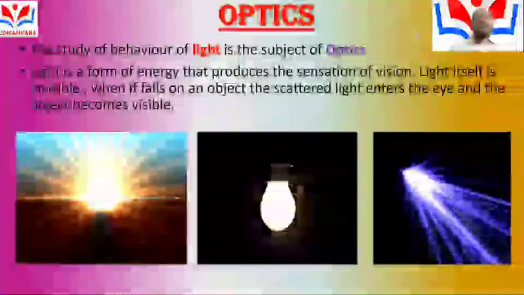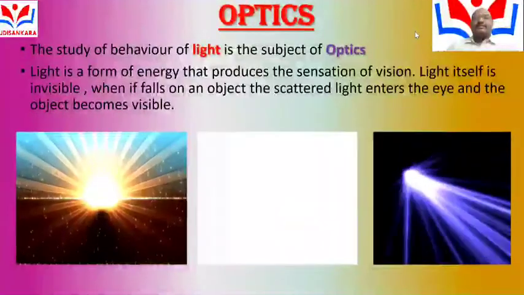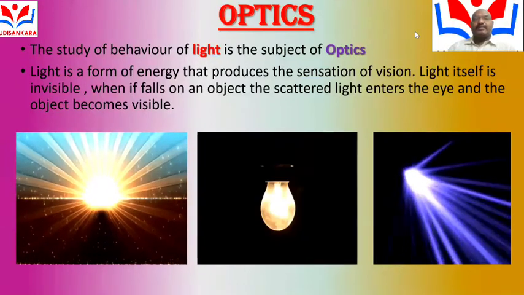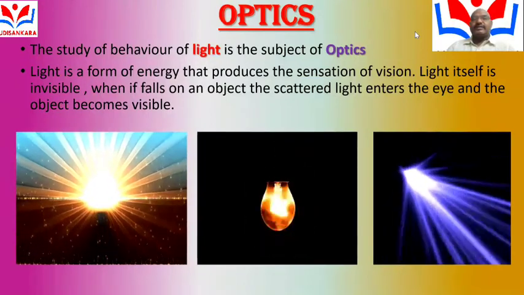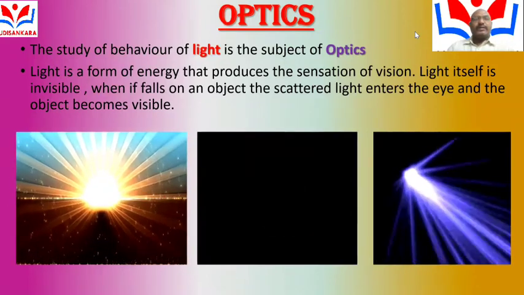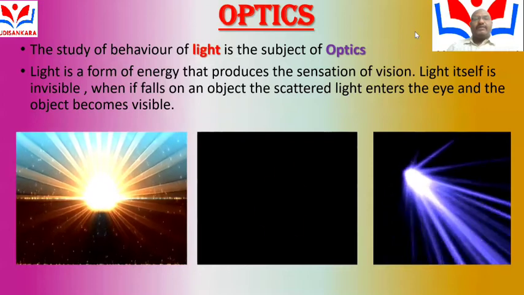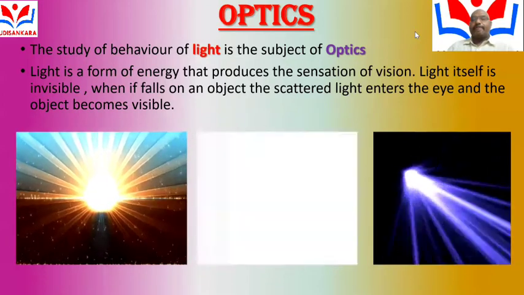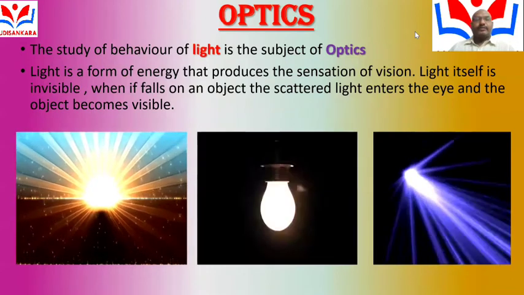Optics: the study of the behavior of light is the subject of optics. Light is a form of energy that produces the sensation of vision. Light itself is invisible. When it falls on an object, the scattered light enters the eye and the object becomes visible.